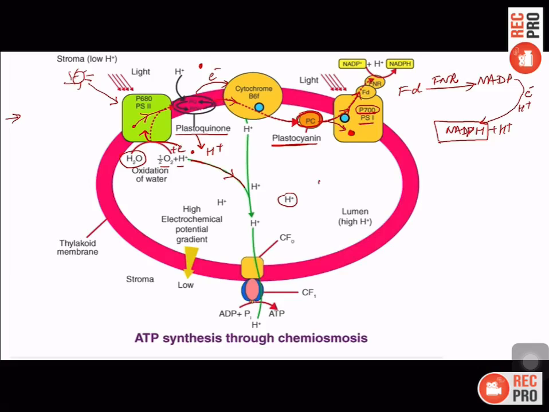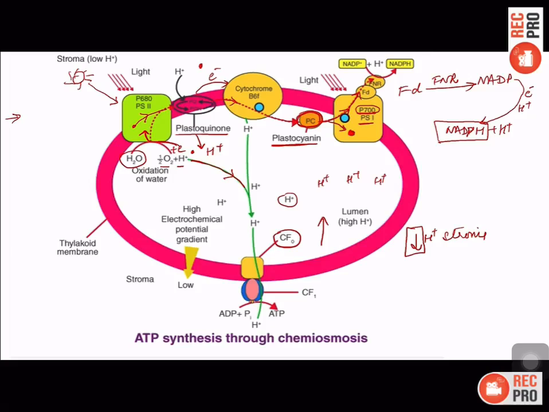Now the H plus concentration increases due to splitting of the water molecule; in the lumen you can see there are so many protons, they are increasing in number. And in the stroma, as H plus is passing through plastoquinone, the concentration of H plus ions will decrease, right?